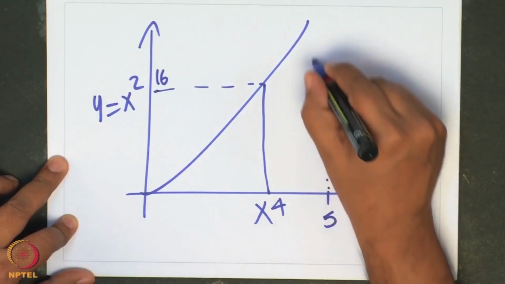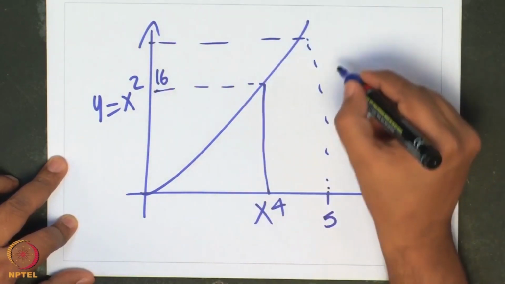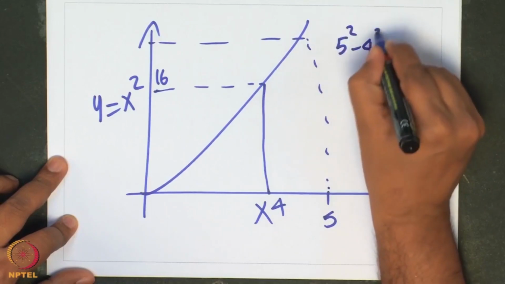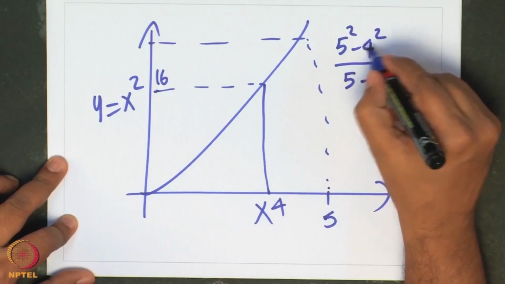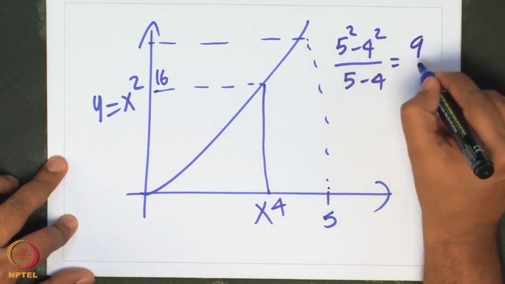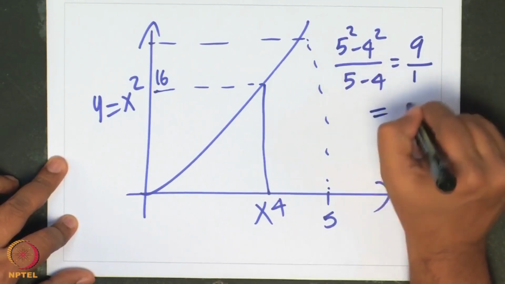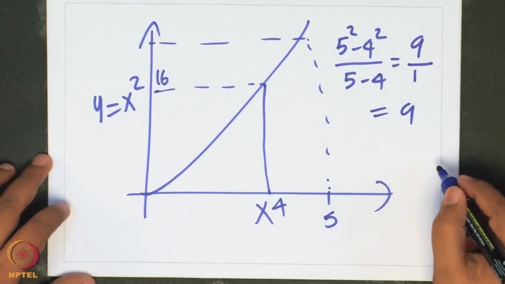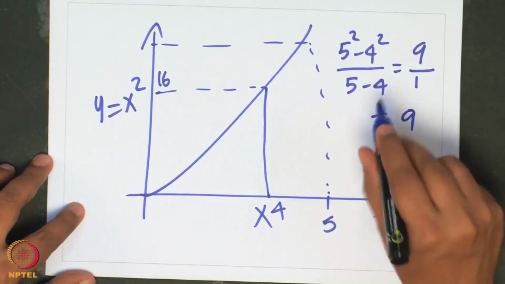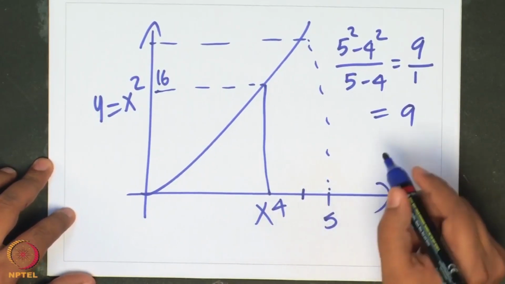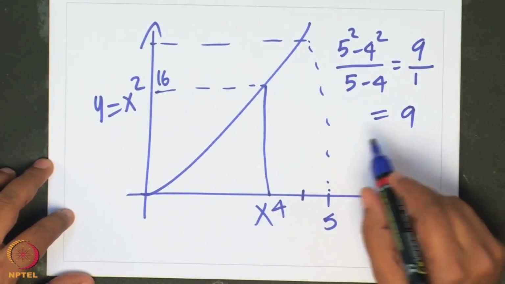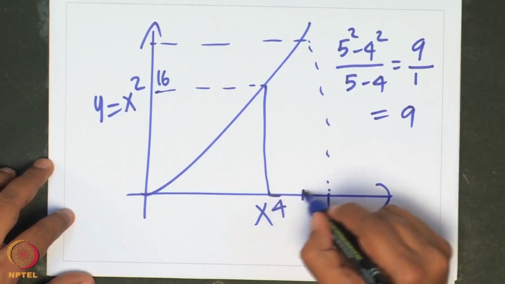If you take between 4 and 5, you have 5 square minus 4 square divided by 5 minus 4, which is 25 minus 16, so you get 9 as the slope. Now you can calculate between 4 and 4.5, just like we did. I urge you to do this.